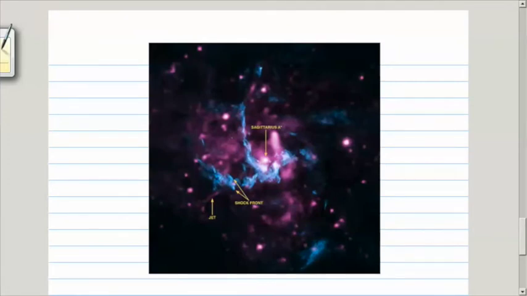So here is Sagittarius A star, this intense source of radio waves. The blue color used to render things corresponds to radiation at radio wavelengths. And the one in purple corresponds to the source of X-rays.